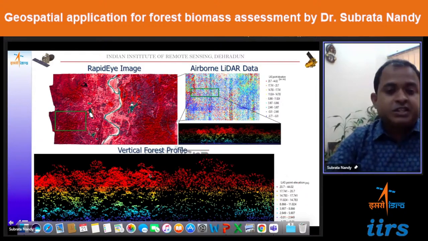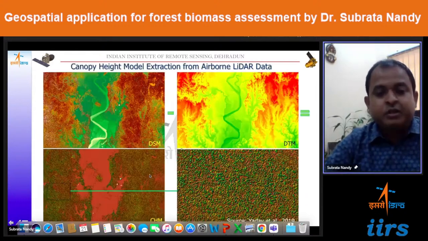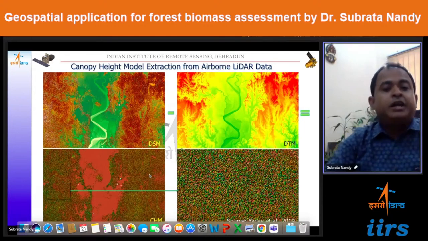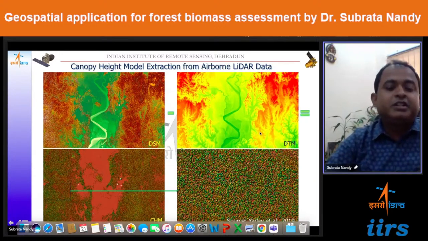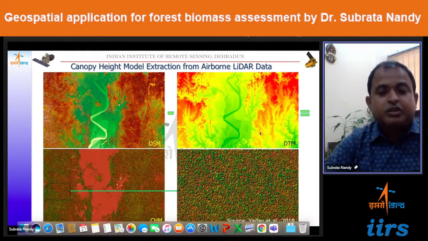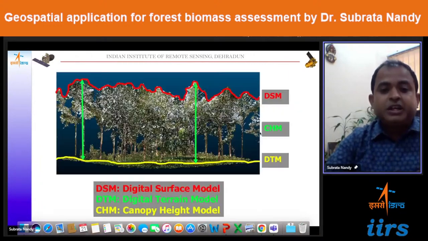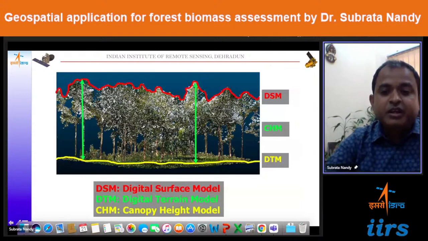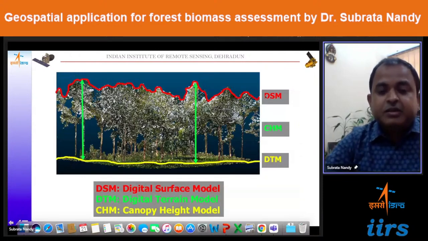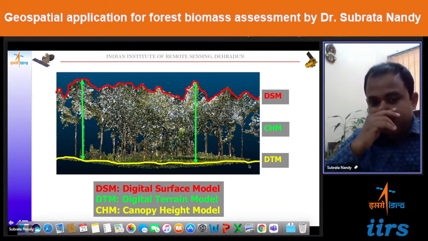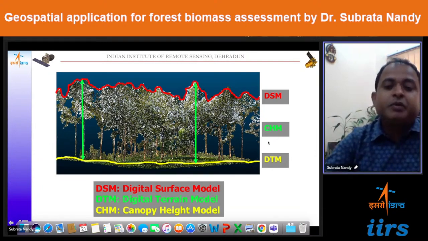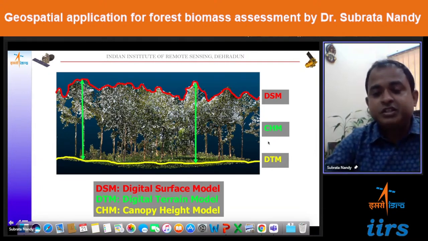Now using this data set, I can generate the DSM, or digital surface model. I can remove everything from the surface to get the DTM, the digital terrain model, and when the DTM is subtracted from the DSM, I get the canopy height model, or CHM.